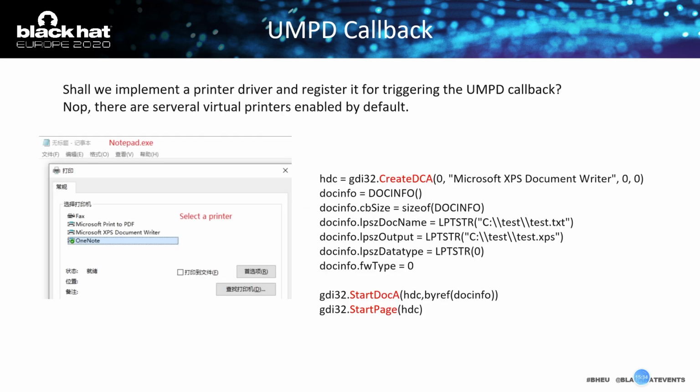So, how to trigger a UMPD callback? Shall we implement a print driver ourselves and register it in the system? No. We could just use the virtual printer created by the system, such as fax, XPS Document Writer, and OneNote.